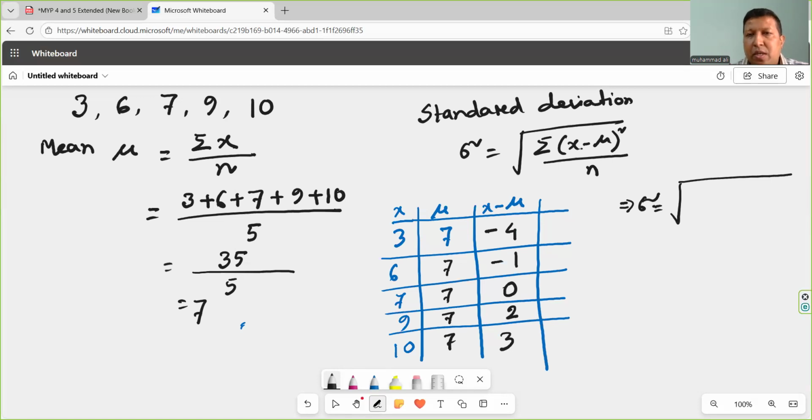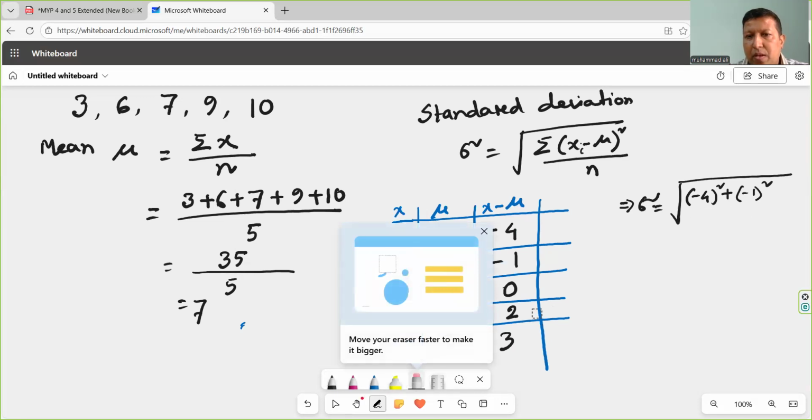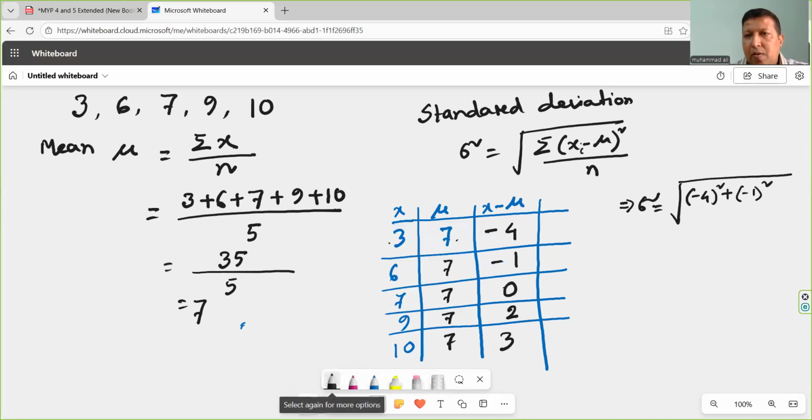For the first value, x minus mu equals minus 4, so we write minus 4 whole square, then minus 1 whole square, then 0 square, 2 square, and 3 square, divided by n.